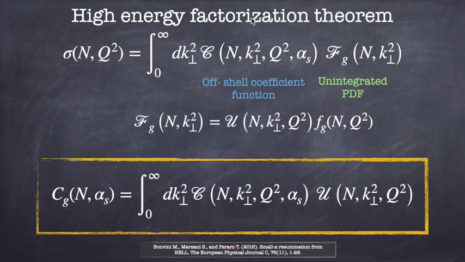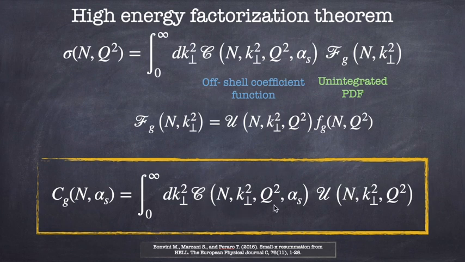Comparing this expression with the one in the previous slide, one can easily find out that in the region when both these two theorems hold, one can write the coefficient function like this convolution. And this is really the formula that allows us to resum the logarithm in the coefficient function. In fact, this evolution factor U is process independent, and one can compute it at the required logarithmic accuracy.